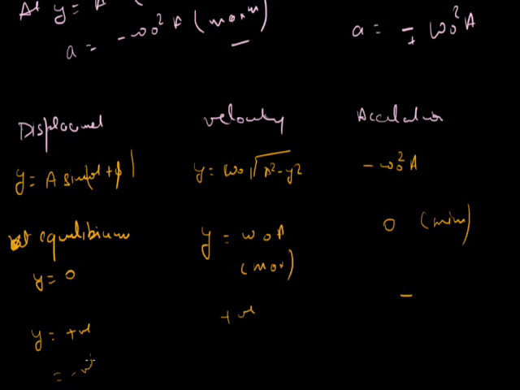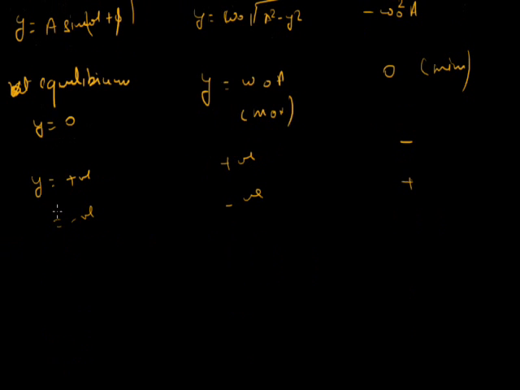When y is negative, we have velocity negative and acceleration positive, right? And when y is maximum, that is plus a, we have velocity as 0 and acceleration is minus omega naught square a, that is negative. When y is minus a, velocity is 0 and here we have positive acceleration, right? So somehow we have summarized the acceleration and velocity in terms of displacement.